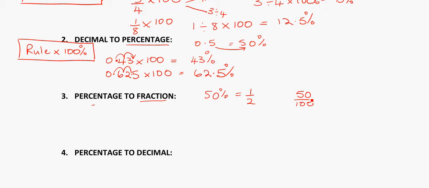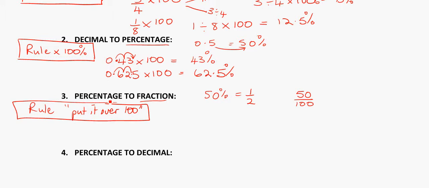We leave it in that format, so you're still dividing it by 100, but you actually put it over 100 and leave it as a fraction. So that's your rule. Put your percent number over 100, and then you have to simplify it. Don't forget to do that bit. 50 over 100, you can key that into your calculator if you like, but you know that's 1/2.